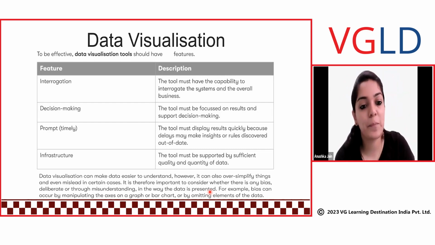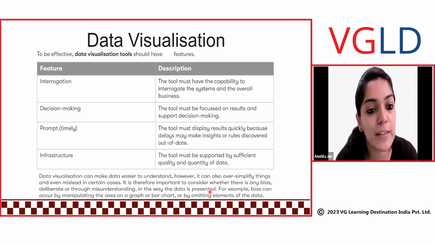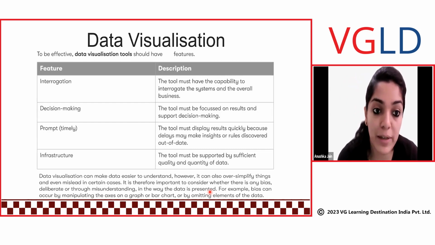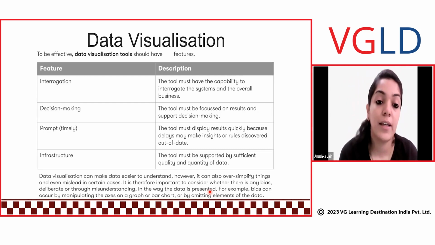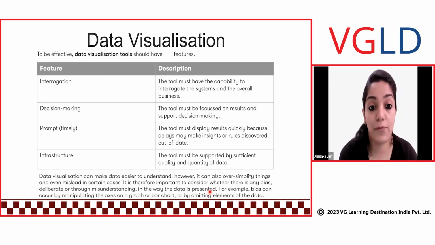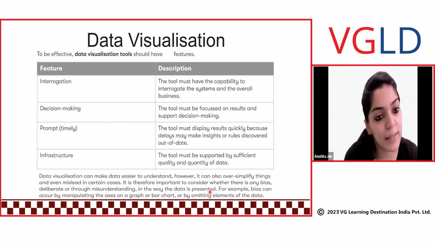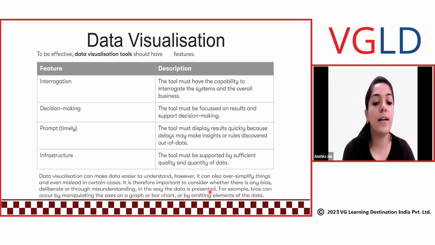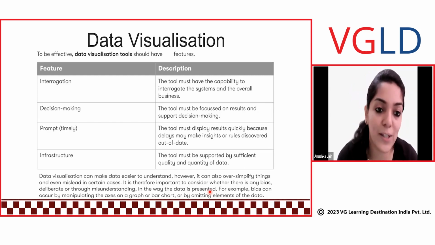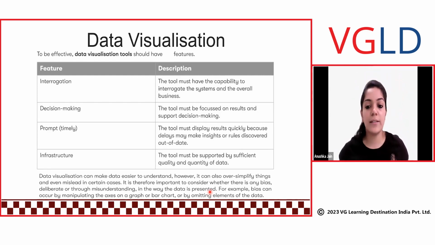Is it clear? What are the features of data visualization? It should have the capability to handle interrogation. It should support decision making. It should be prompt, and the tools should be efficient to handle good data infrastructure. And what are the limitations? There can be bias reflecting in it, and it can lead to manipulation of data. Please let me know if this is clear.